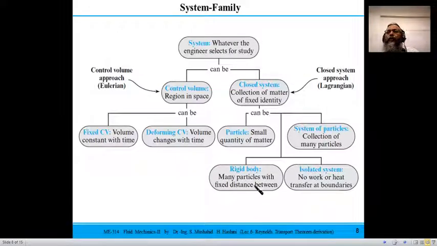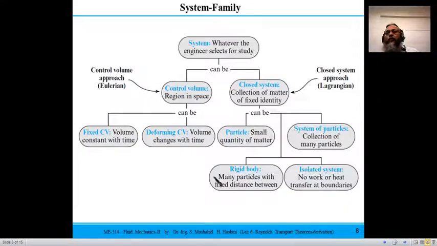So in a rigid body, obviously you are not focusing on the deformation that takes place in the body. But in the subject of solid mechanics, you are not just interested in rigid bodies. In mechanics, statics and dynamics, you are interested in rigid bodies, but in solid mechanics, you are interested in how deformation takes place within the body as well.